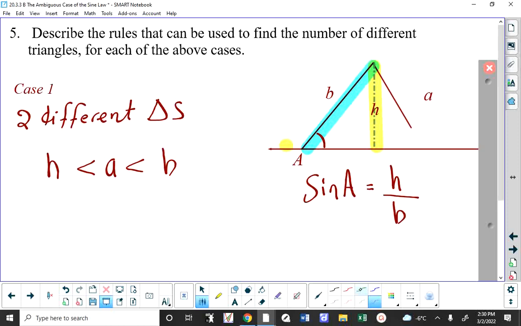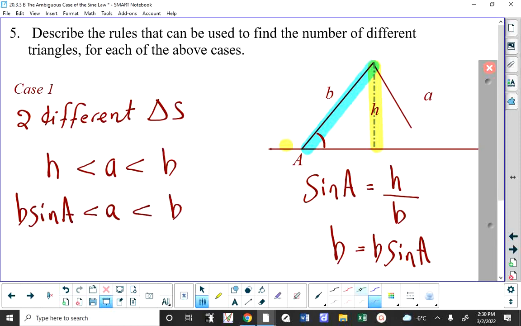But that means that H is B sine A. That means that A has to be between B sine A and B. B sine A is just another way of saying the height. So that's case 1.